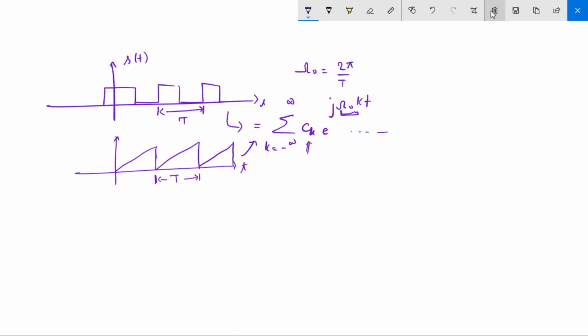Although the fundamental frequency of both signals is the same, their Fourier series coefficients are going to be different. So this is called the complex Fourier series.